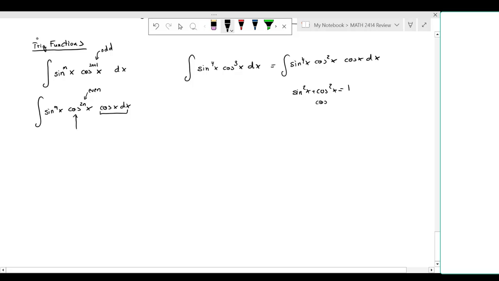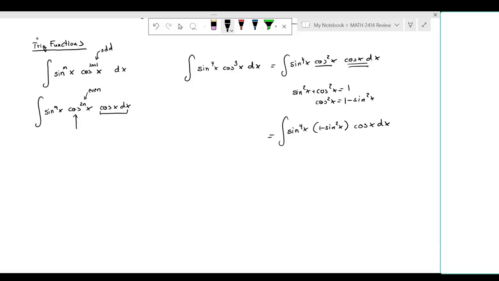Hence, cosine squared. So what you can do is rewrite the remaining cosine to the even power in terms of sine. So cosine squared now becomes 1 minus sine squared. And we still have this cosine over here. We're saving it.